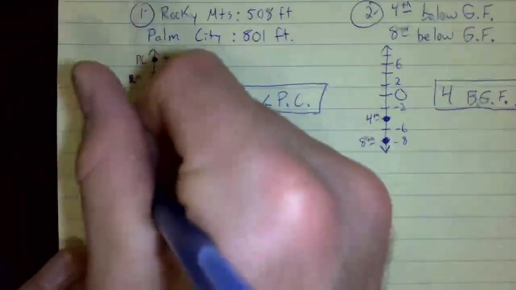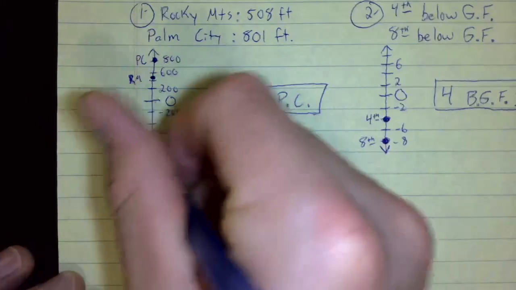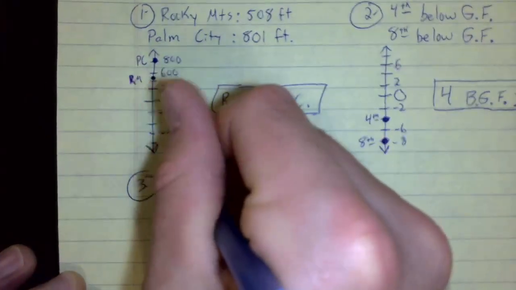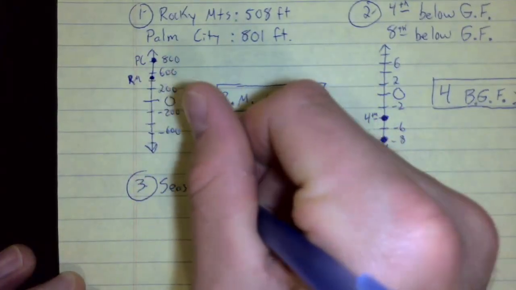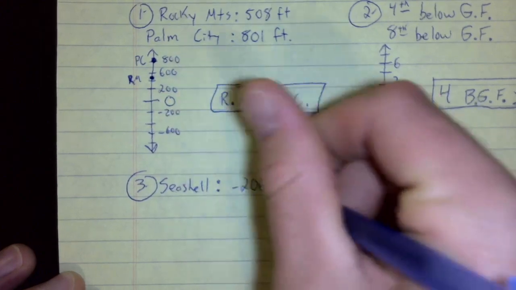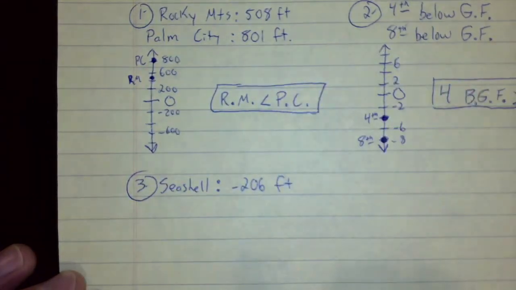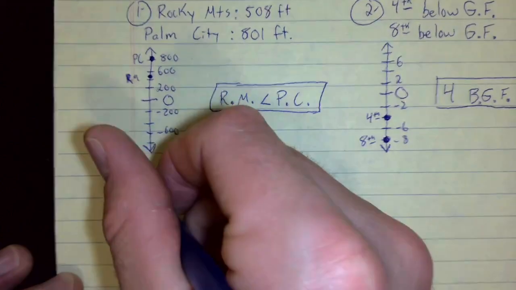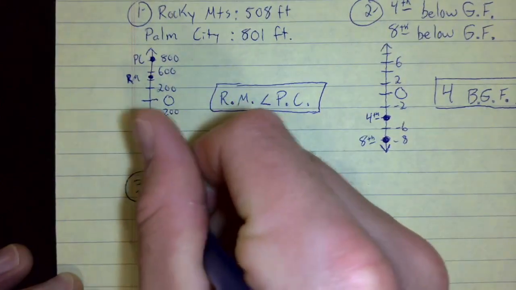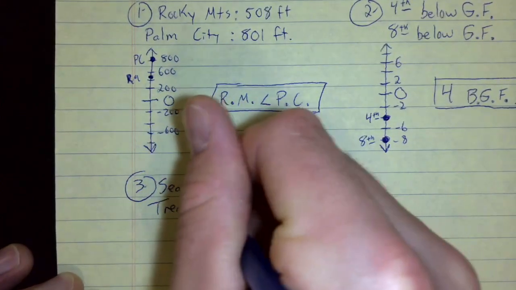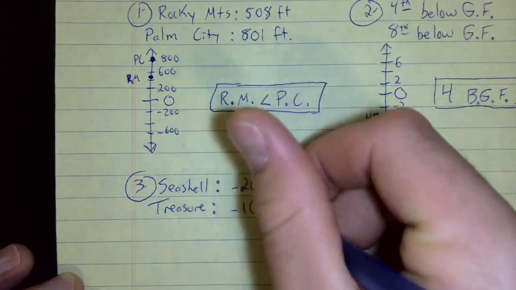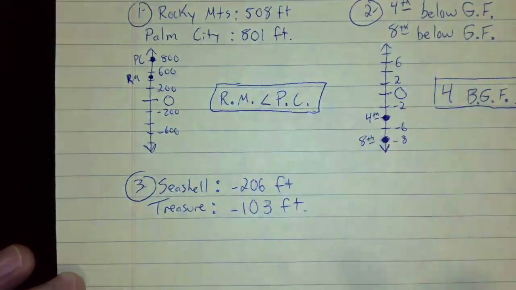Number 3 is seashell. So you have seashell. So this seashell is at negative 206 feet below sea level. And there's also a treasure, which was actually found at negative 103 feet below sea level.